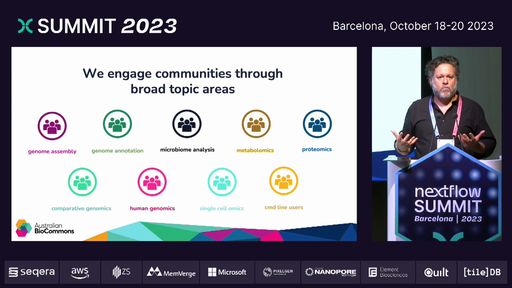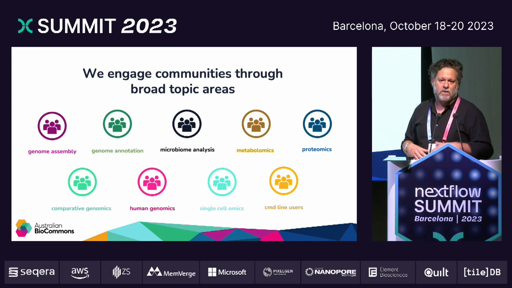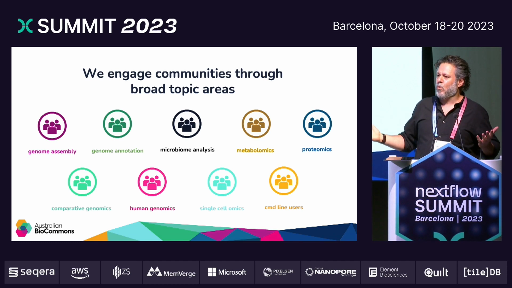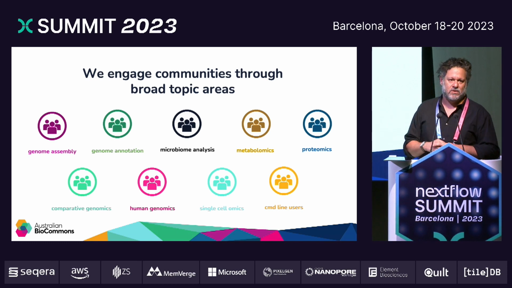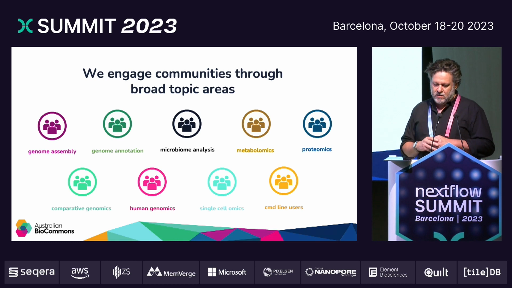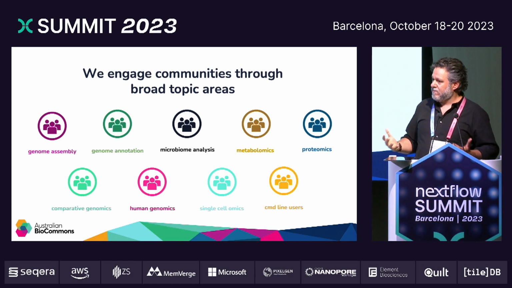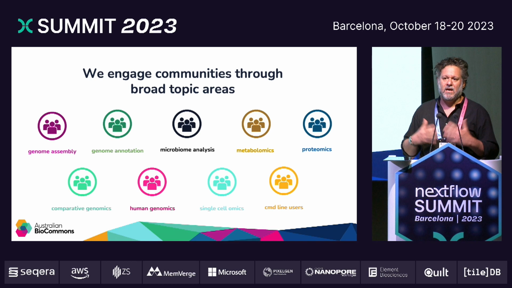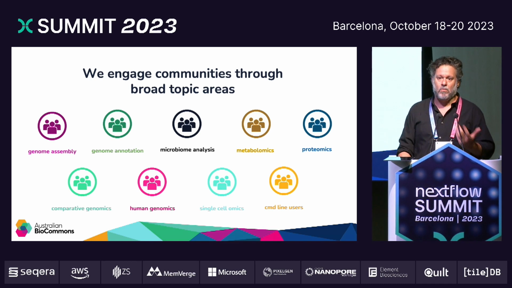Shaping our engagement with communities in this way is really important because they give us context, ideas, priorities, platform requirements, and so on. What we don't say is how can we help all 30,000 life science researchers in Australia in the same way. So it's important that we have this context because we can actually build fit-for-purpose platforms, which you'll hear about in the next 10 minutes. And these communities really give us tremendous power and warrant in how we work.